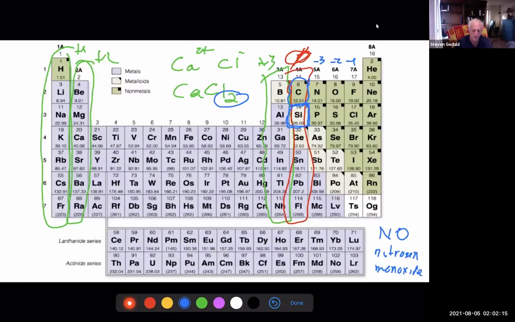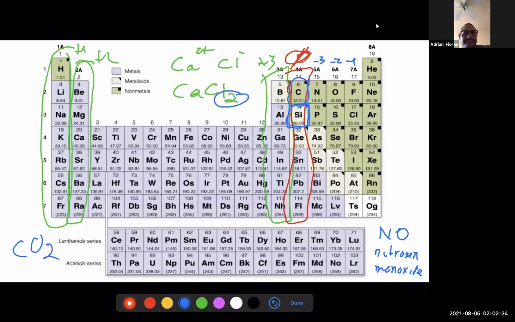There's 1 oxygen. We only call it mono for the second one. We don't use mono for the first one. Like if we had CO2, we don't say mono carbon dioxide. We say carbon dioxide. So we only use a mono nomenclature if it's the second one and there's only one.